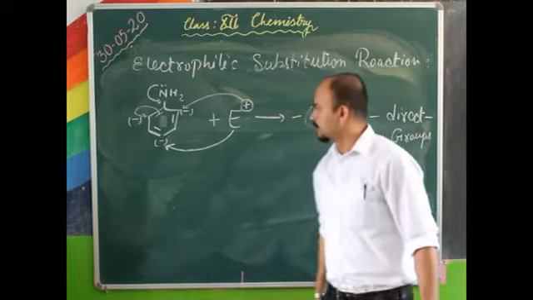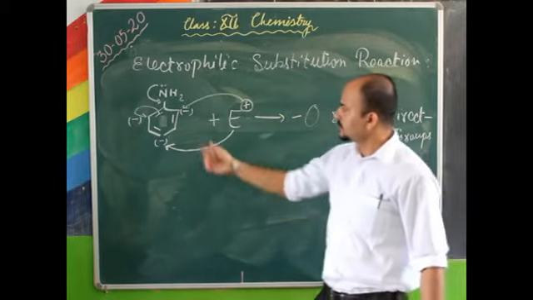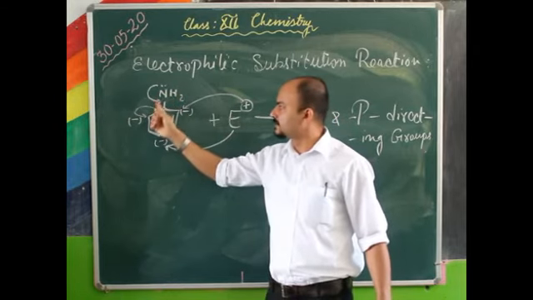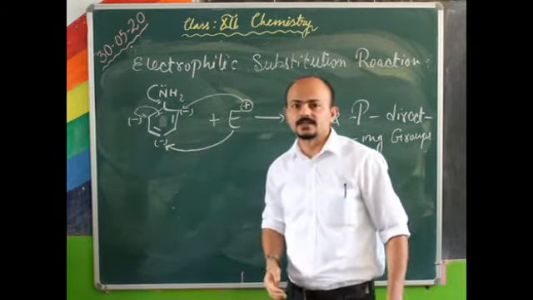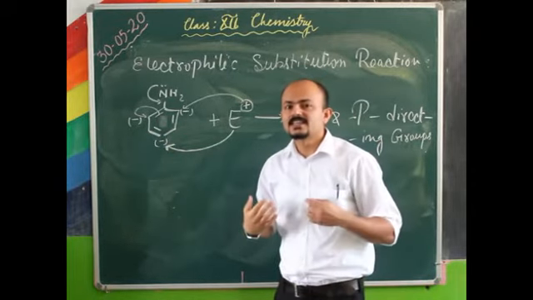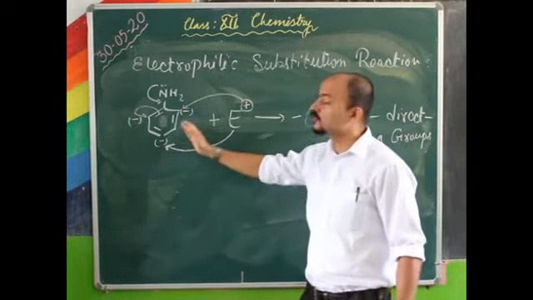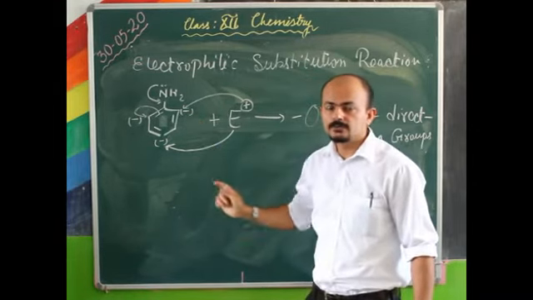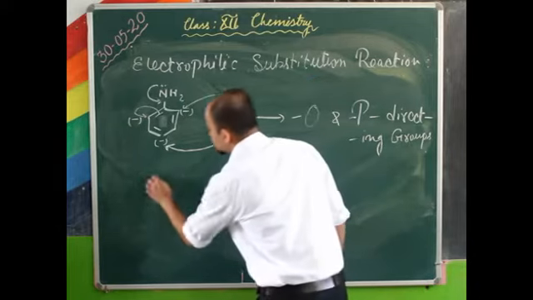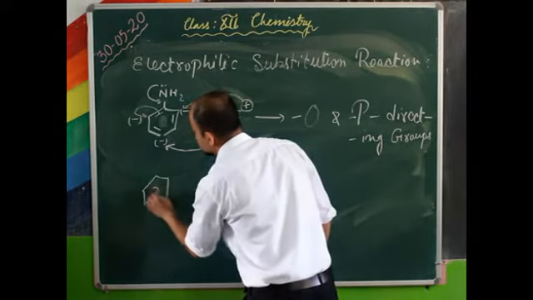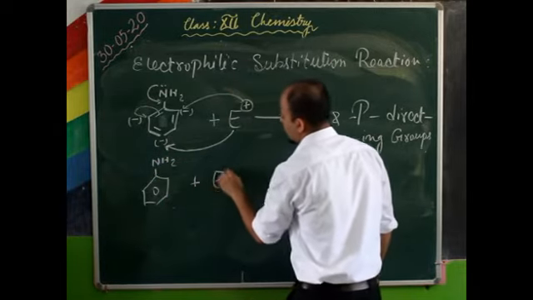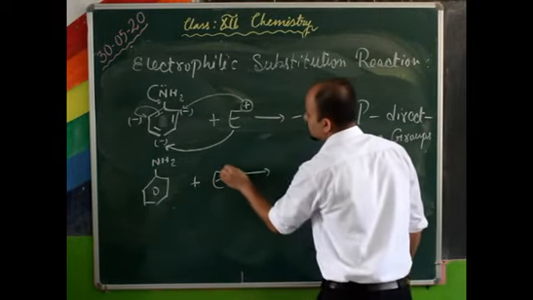Okay? Now, here this NH2 is electron releasing, means it is activating the ring. It activates the benzene ring so much that mono substitution. I hope you understand what mono substitution is. Mono substitution means, say, you have an NH2 group and any electrophile in general, okay?